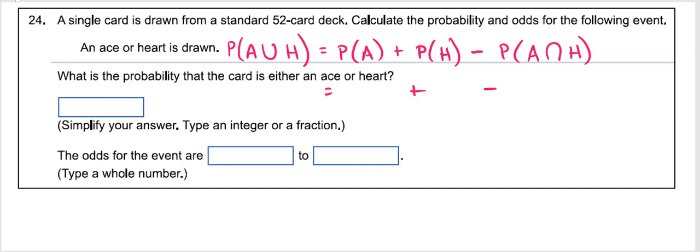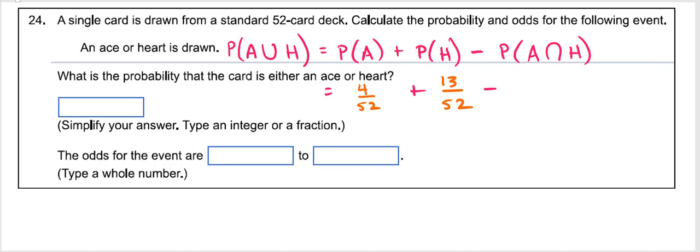Okay, the probability that it's an ace. There are 4 aces out of the 52 cards. The probability that it's a heart. There are 13 hearts out of the 52 cards. The probability that it's an ace and a heart.